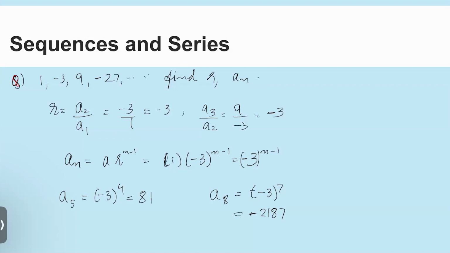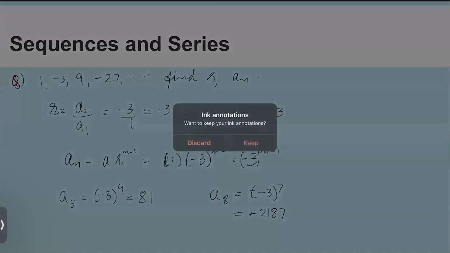For an arithmetic sequence, you need the common difference, and for geometric progressions, we need a common ratio between two consecutive terms of the sequence. And obviously the nth term also is different.